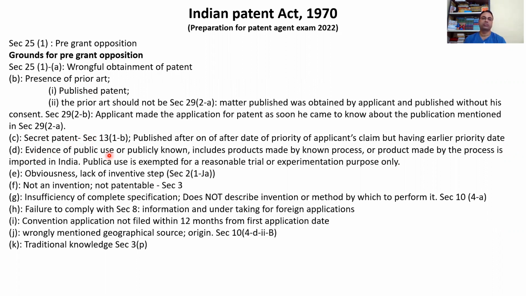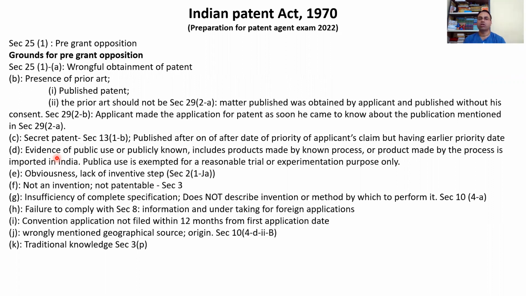Evidence of public use, or publicly known. This also includes product made or known process, or product made by the process, which is important in India. So D: the invention so claimed in any claim of the complete specification was publicly known or publicly used in India before the priority date of the claim. So there is a priority date of the claim, and you say the product was already publicly known.